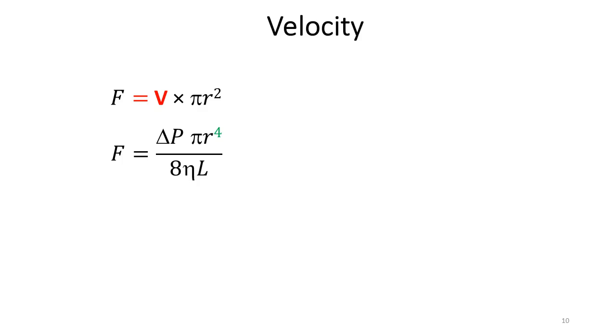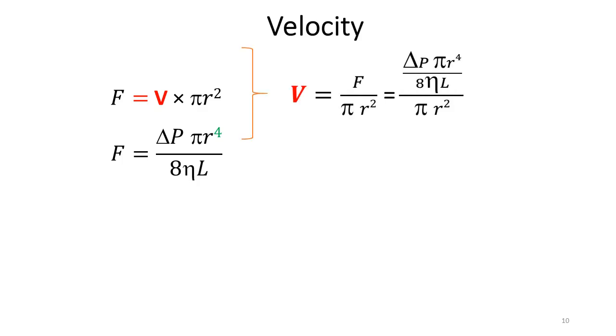So if we solve these two equations, Poiseuille's law and the velocity formula from physics, we can find velocity, abbreviated as V, with this formula. And finally, in this formula, velocity has a relation with the cube of radius and pressure, and also a reverse relation with eta, viscosity, and L as length.